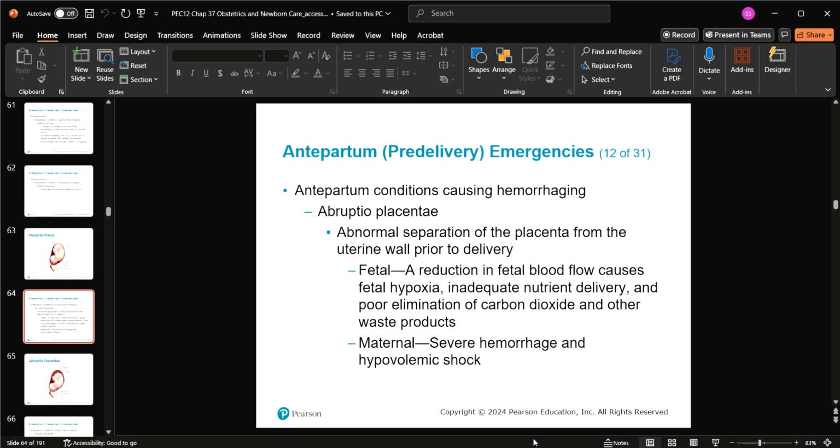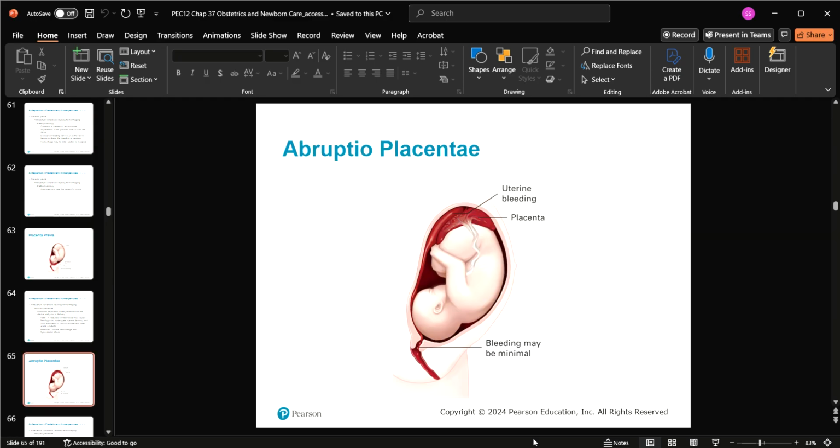It is torn away from the wall. This is going to result in the fetus immediately starting to suffer because the placenta is no longer doing its job. You may have severe bleeding causing hypovolemic shock in the mother, so the uterus is going to bleed. The placenta itself may be bleeding as well.